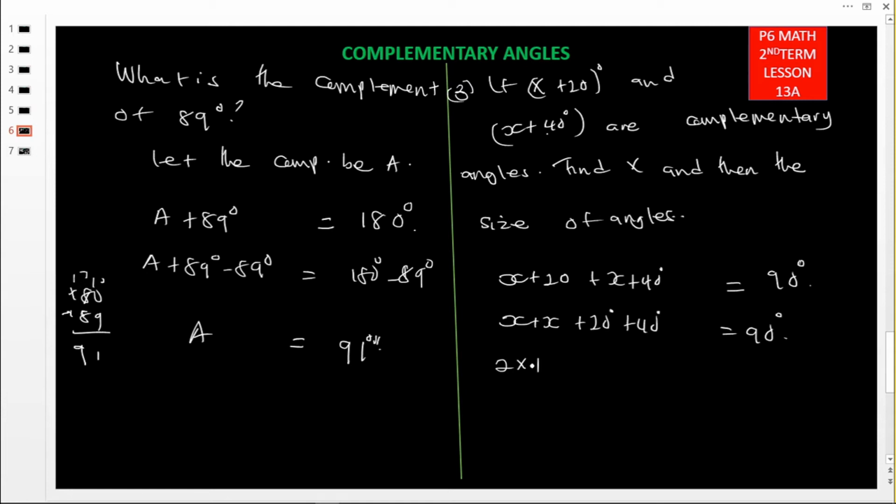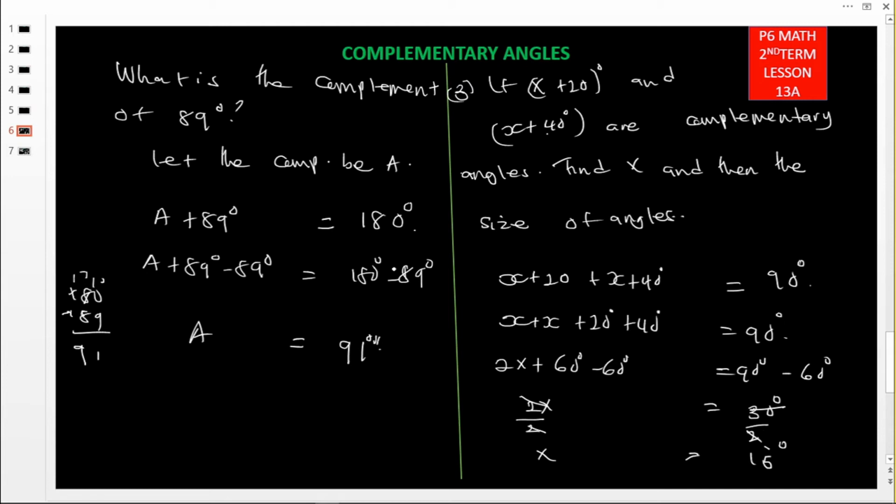Now this is 2x plus 60 degrees minus 60 degrees giving us 90 degrees minus 60 degrees. So 2x is equal to 30 degrees. We divide by 2, so x is equal to 15 degrees.